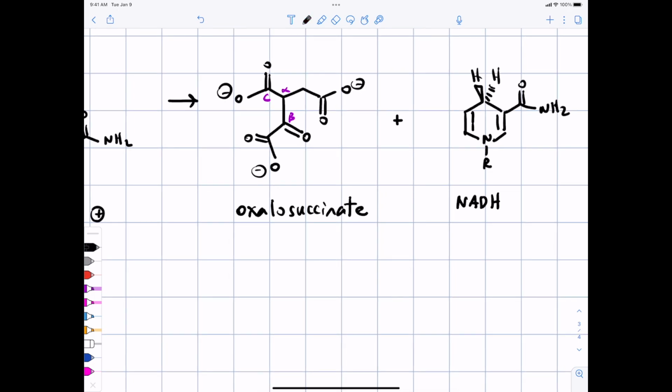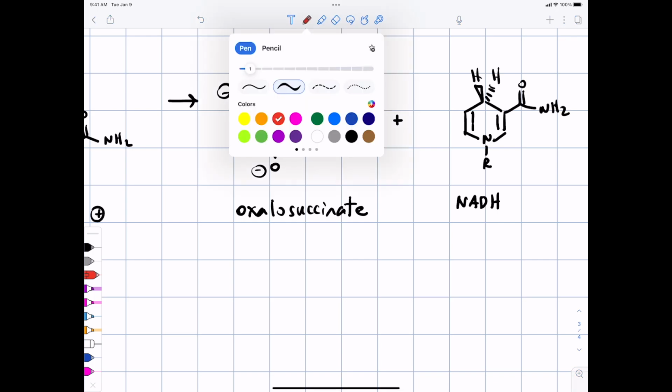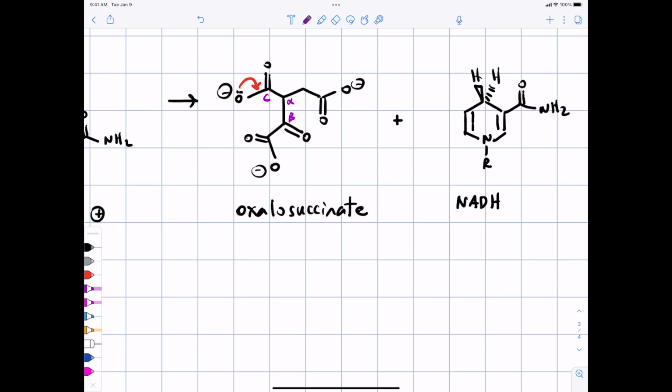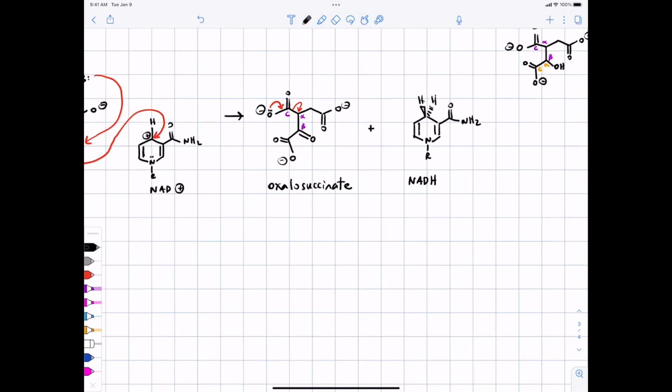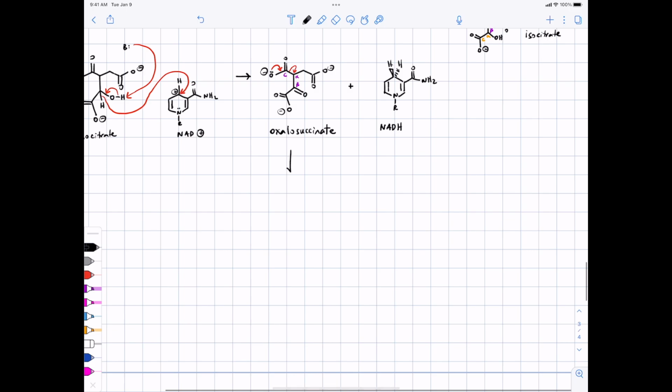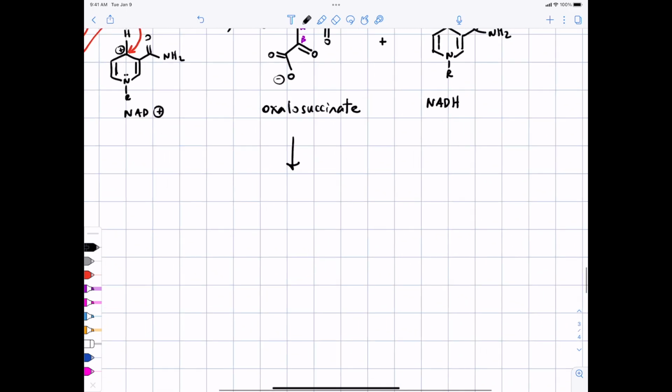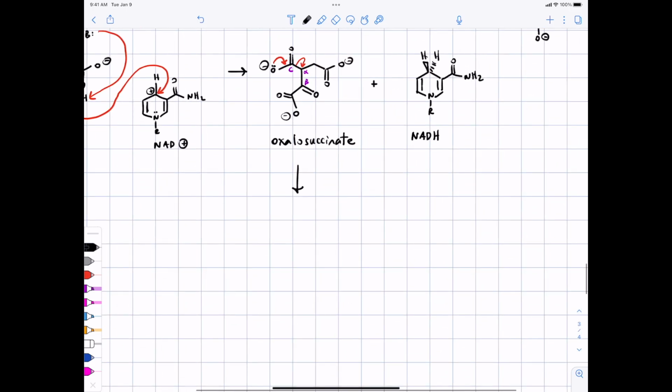Lone pair electrons on the carboxylic acid kick down, and these electrons from the bond between alpha carbon and carbonyl carbon end up on the alpha carbon where they are stabilized by resonance. So we just lost CO2.